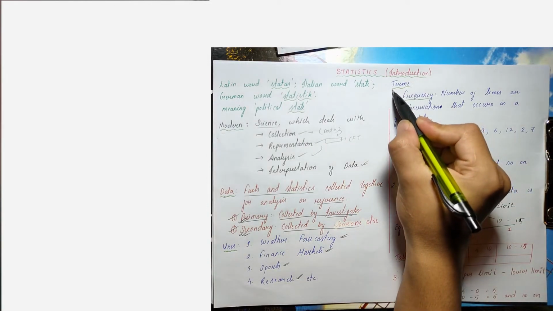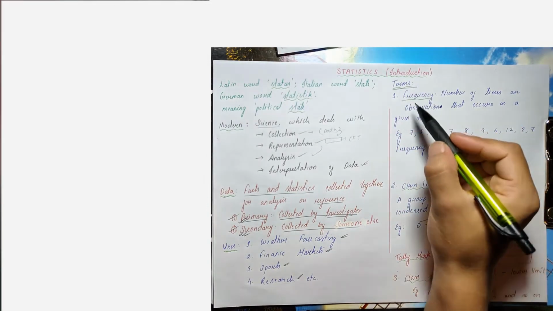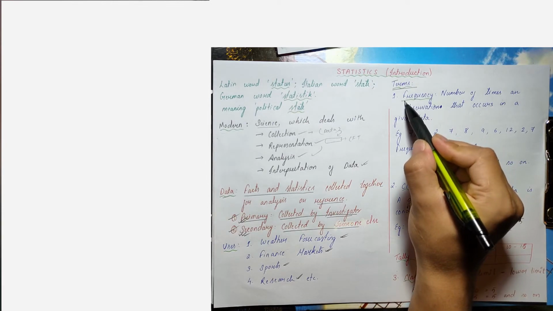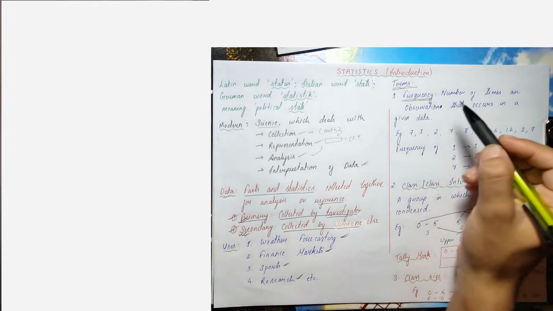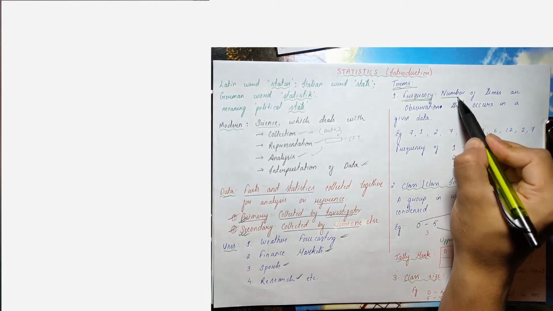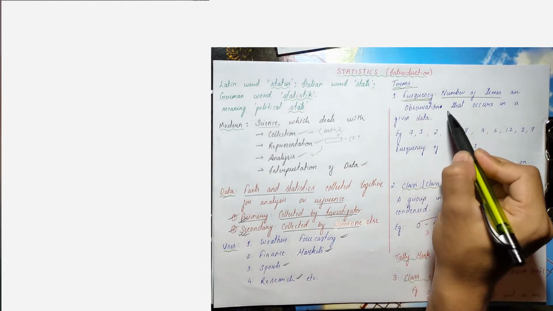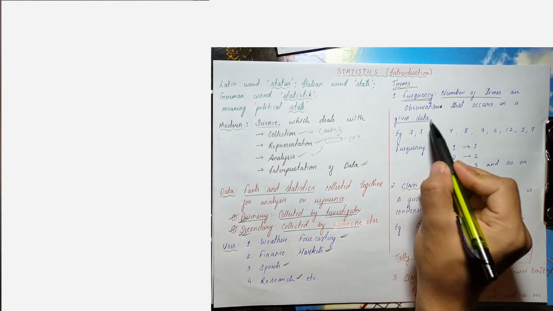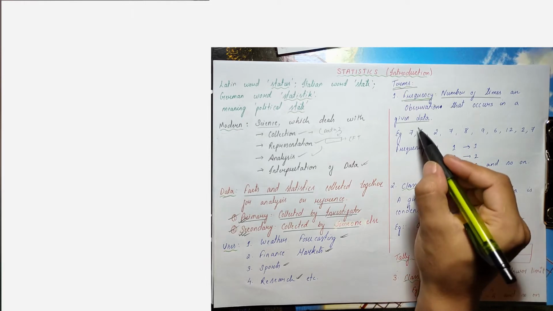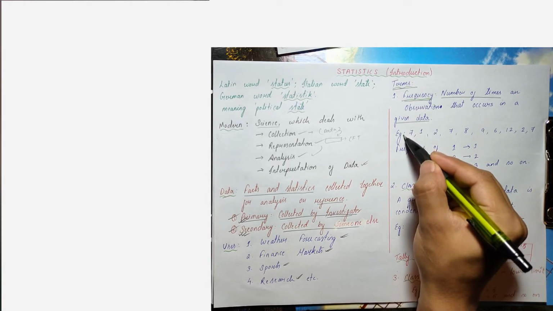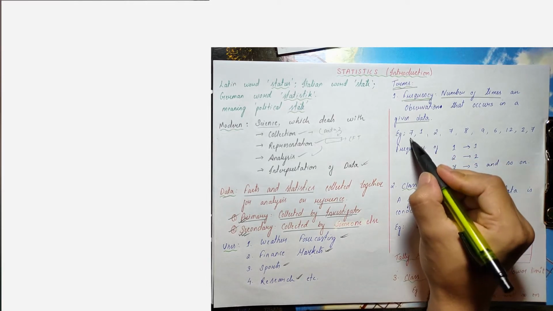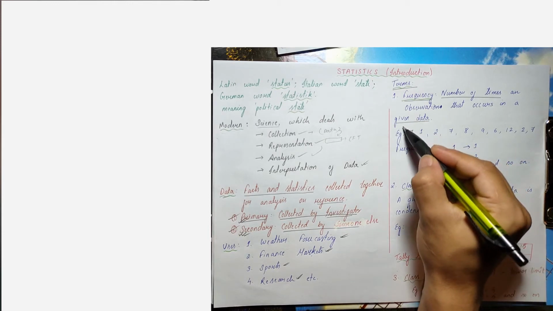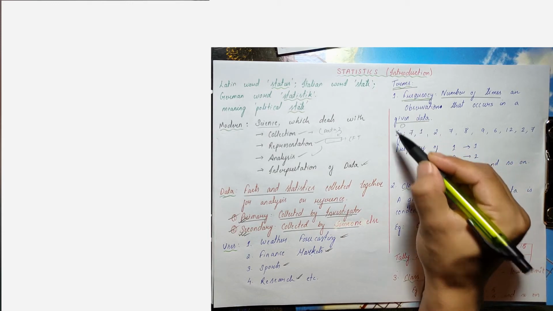Let us now discuss some terms that are related to statistics. The first term is frequency. The definition goes: the number of times an observation occurs in given data. To understand this definition better, let's take an example. Let's say we have data of the number of students sitting in a group.